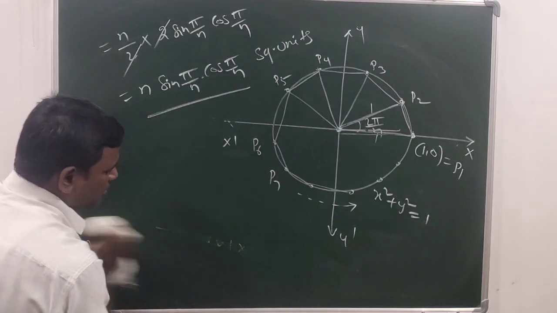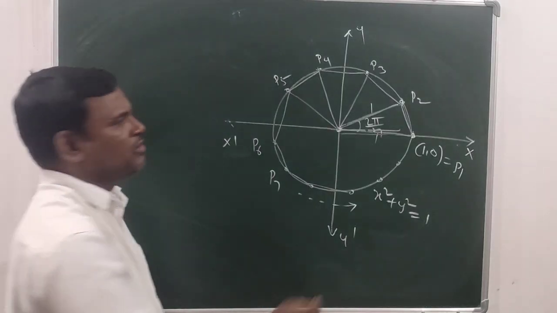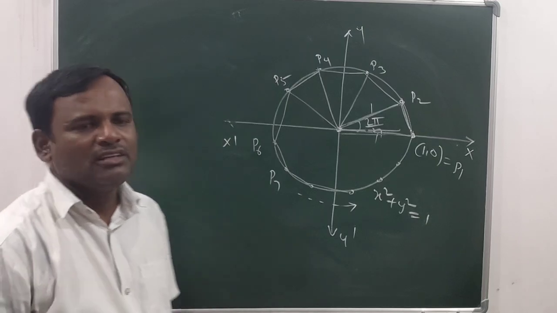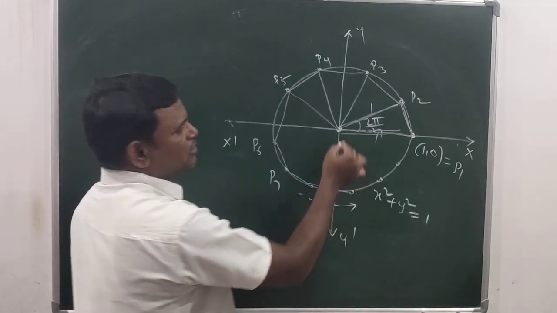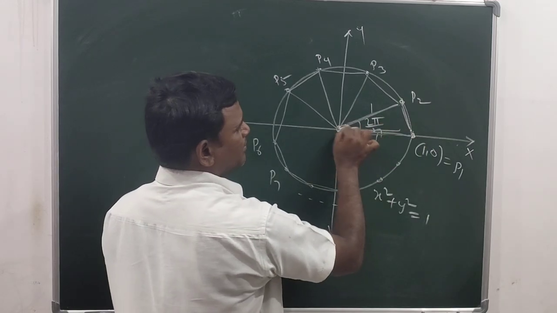Sometimes they will ask you for the side length also. How can you find that side length? For that, do one thing: just drop the perpendicular from the center to this side.